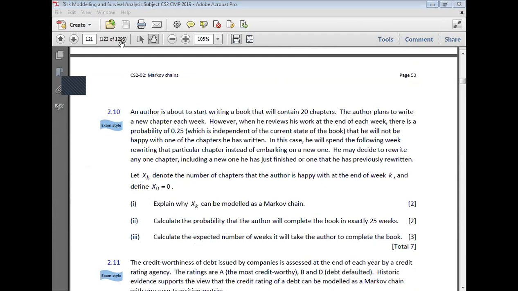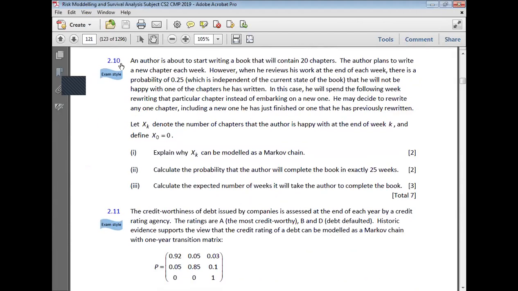Who would want to read this question? Meher, would you like to read this question?